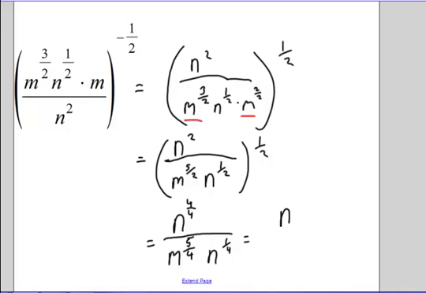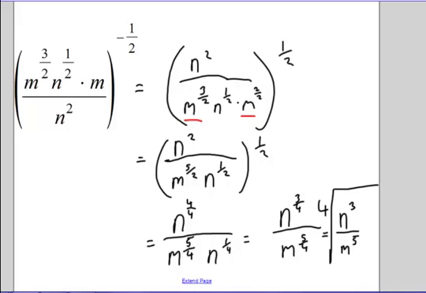So on top I get n to the 3/4. On the bottom I got m to the 5/4. Since all of these are to the 1/4, I can say that's the same thing as n cubed over m to the 5th. And I can raise the whole thing to the 1/4 power, or I can just do the 4th root of it. So let's leave it like that.